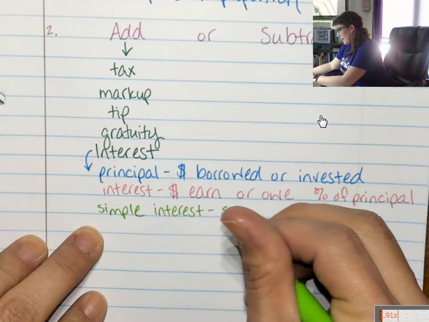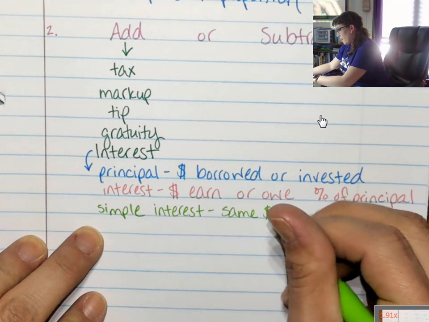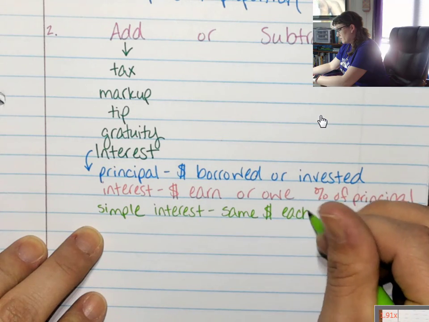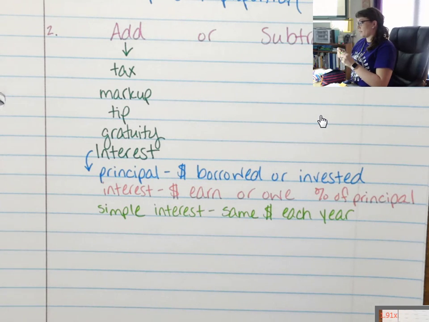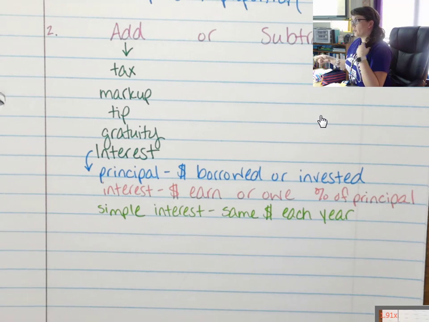So you get the same amount of money each year. So if I earn 3% on $100, I get $3 the first year. I would get $3 the next year, $3 the next year, $3 the next year. It would never change. The longer the years, the more money you get.